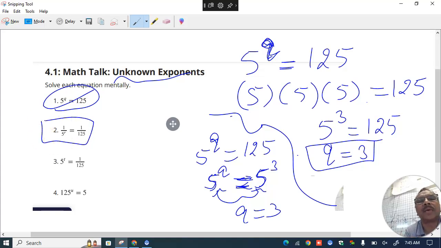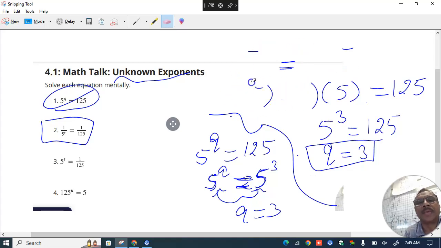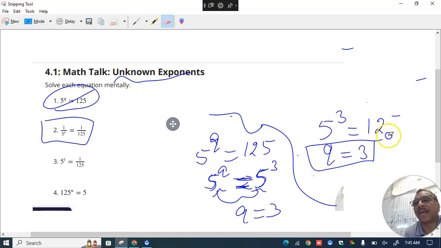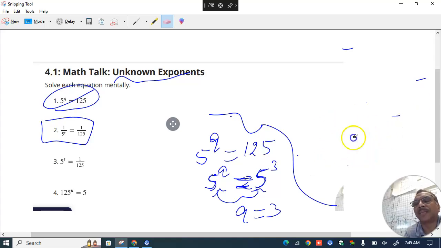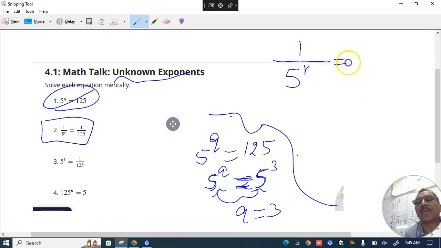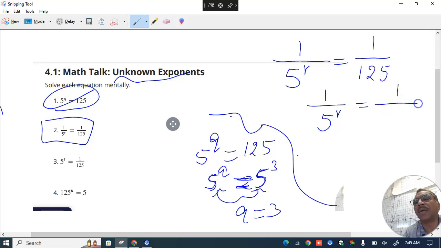Let's see question number 2. The second one is 1 over 5 raised to r equals 1 over 125. Same thing, we can write this as 1 over 5 raised to r equals 1 over 5 cubed. See now?